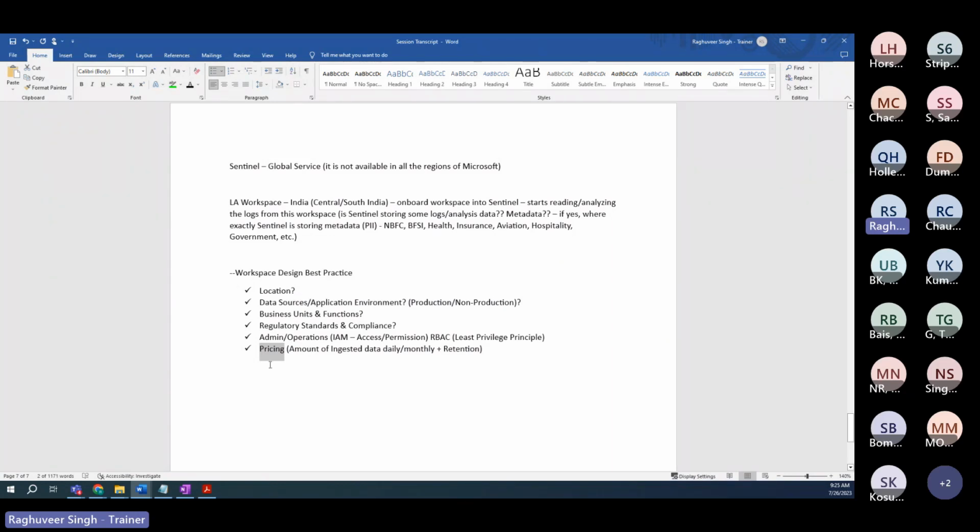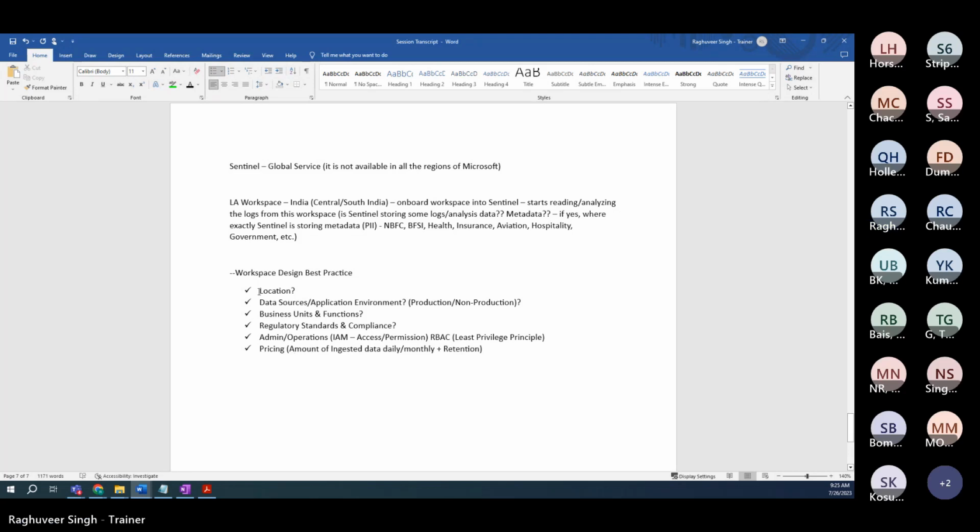Similarly, you will need to identify the TCO, total cost of ownership, for Sentinel. So pricing, very important factor. Now it has absolutely nothing to do with security, but this is a very important factor because this will make or break your project. So pricing is very important.